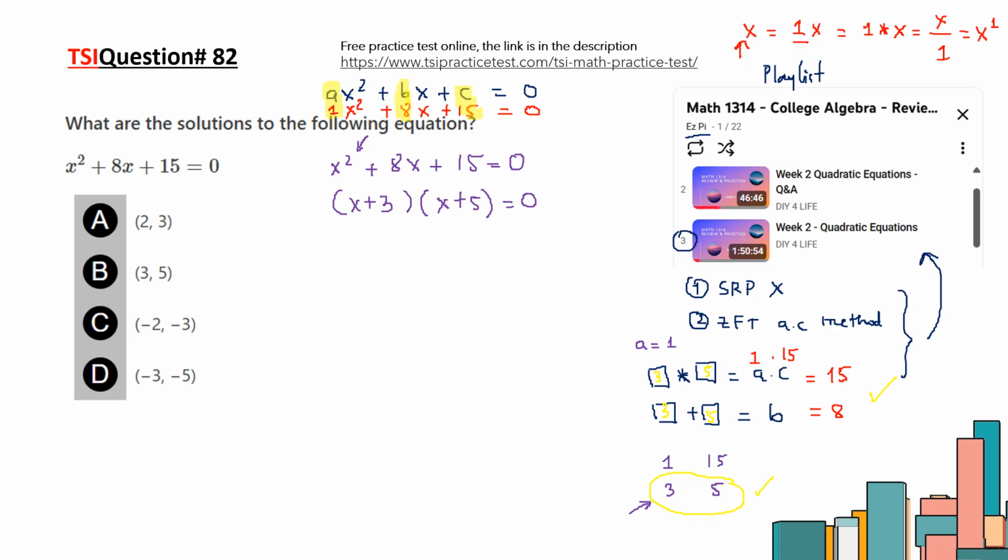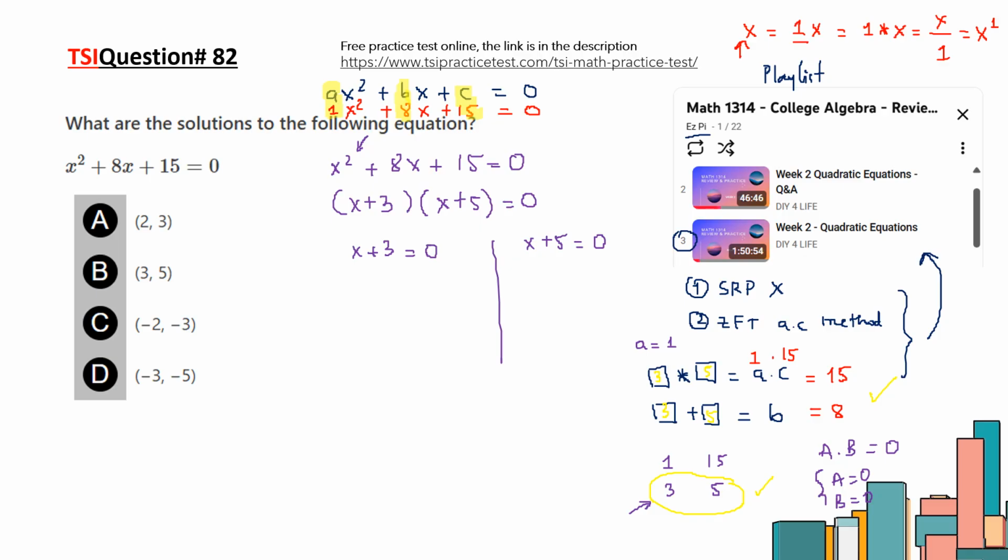Now we solve for each factor, because the zero factor theorem says if a times b equals 0, then a equals 0 or b equals 0. Our first factor is x plus 3, and we set it equal to 0, or x plus 5 equals 0.